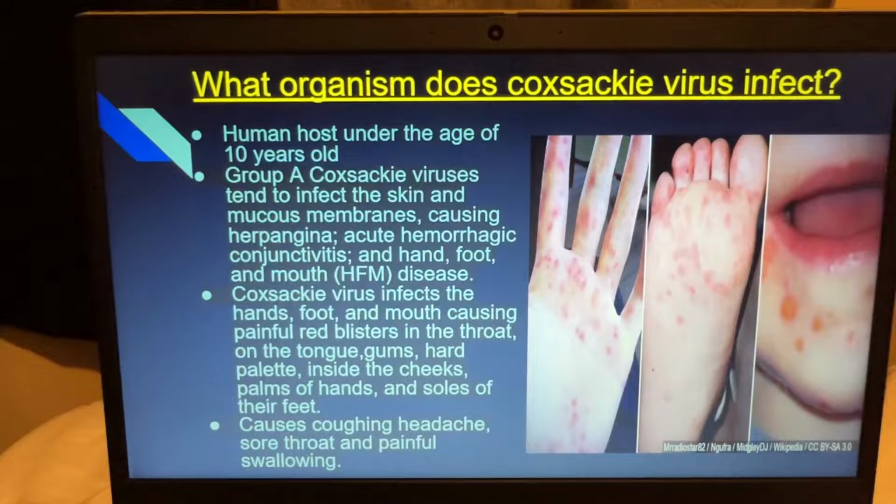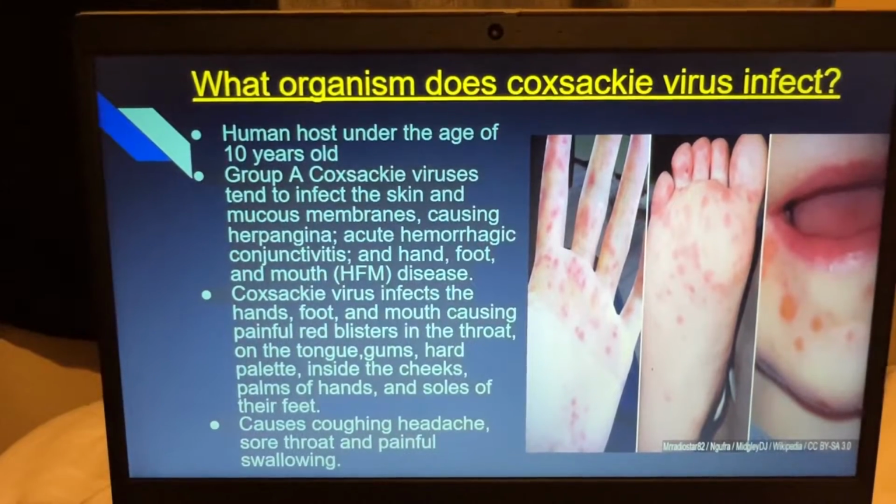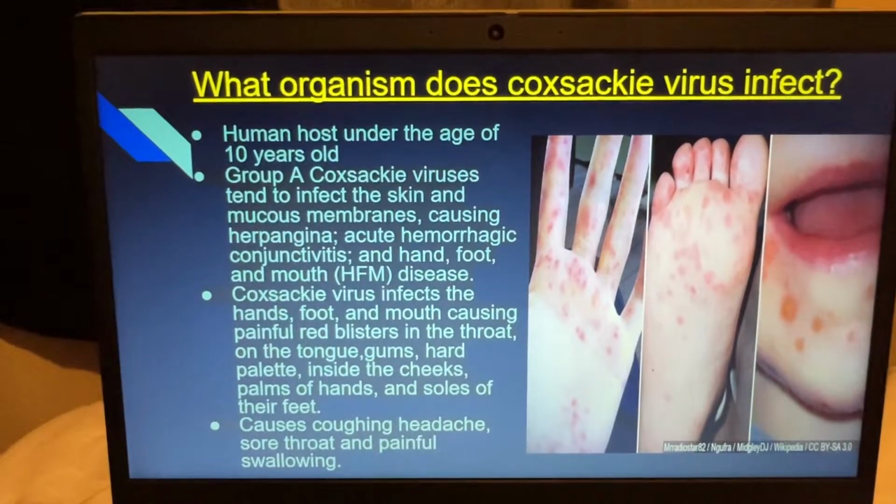Coxsackie virus infects the hand, foot, and mouth, causing painful red blisters in the throat, on the tongue, gums, hard palate, inside the cheeks, palms of the hands, and soles of the feet, causing coughing, headache, sore throat, and painful swallowing when eating anything.